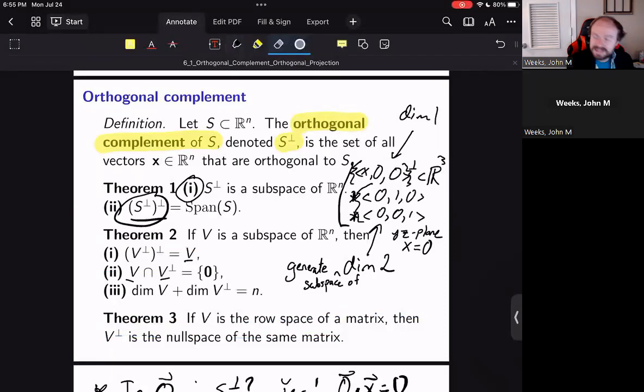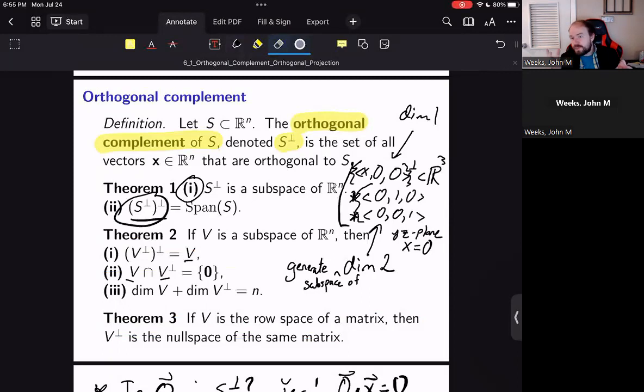Another way to connect this is back to our world of matrices. Let's take again V to be the row space of a matrix. You remember that the rank of something is the dimension of the row space or its column space, whichever one we're using at the time. If V is the row space of a matrix, then it turns out that V perp is the null space of the same matrix.